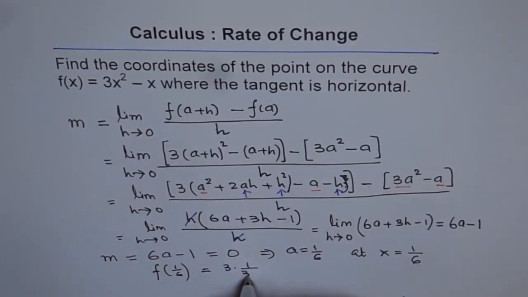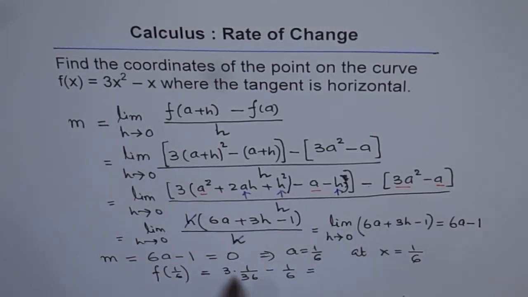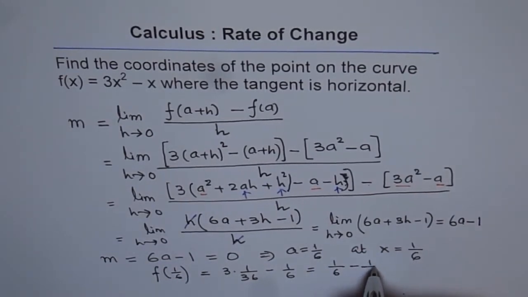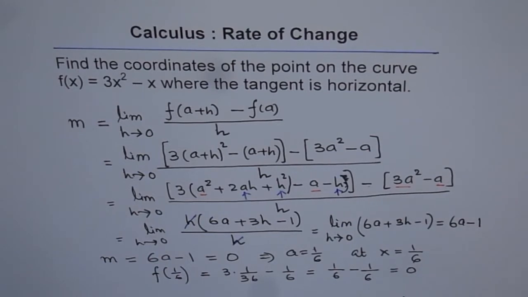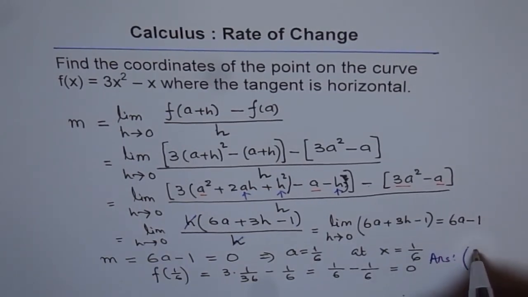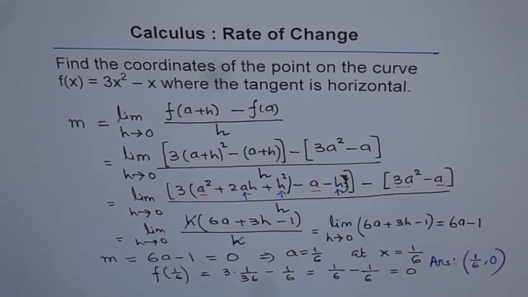We'll write 1 over 36 minus 1 over 6, and that gives us 1 over 6 minus 1 over 6, and that is equal to 0. And therefore, let me write the answer in a different ink now. Our answer is that the coordinates of the point are 1 over 6 and 0. So that is what we get for this particular question. I hope you understand and appreciate it. Thanks and all the best.